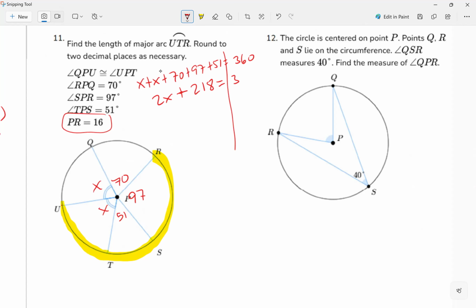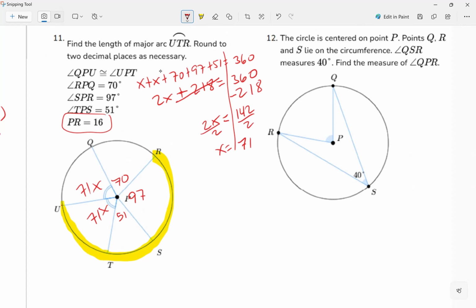This is equal to 360. My plus 218, let me move it to the other side as a minus 218. That gives me that 2x is equal to 360 minus 218. That's 142. Let me divide both sides by 2, so I get that x is equal to 71. Okay, so I know these angles are 71.